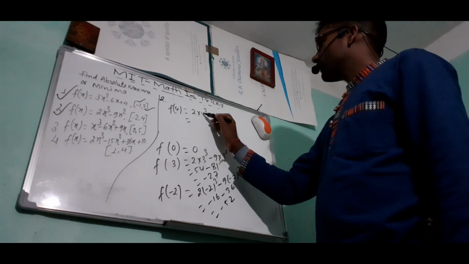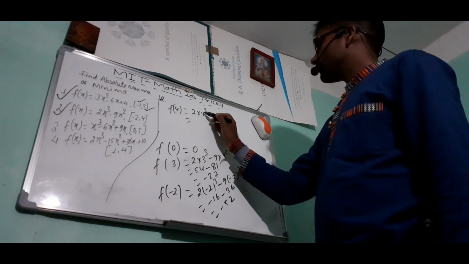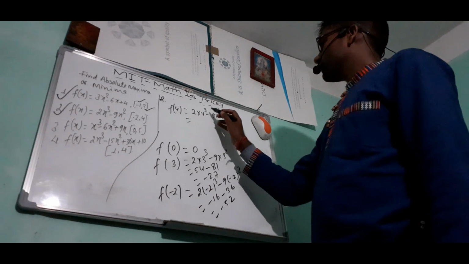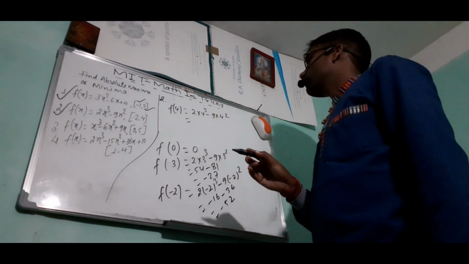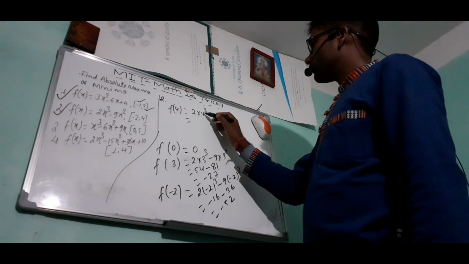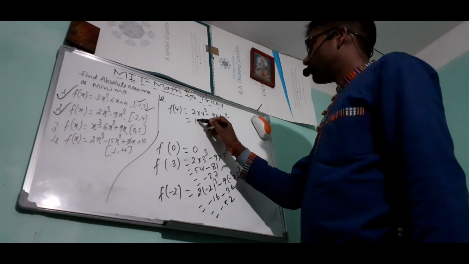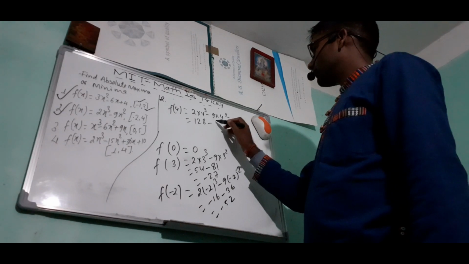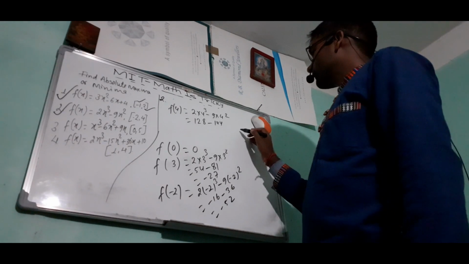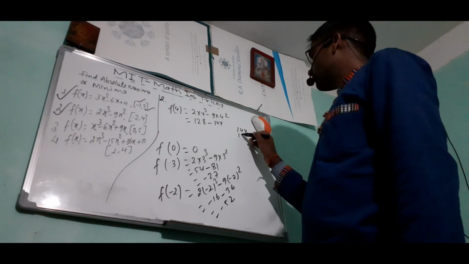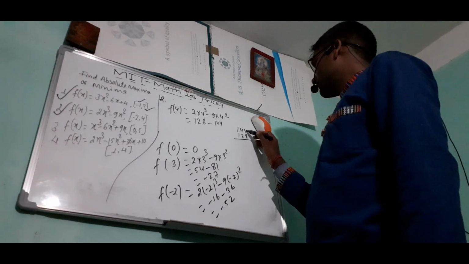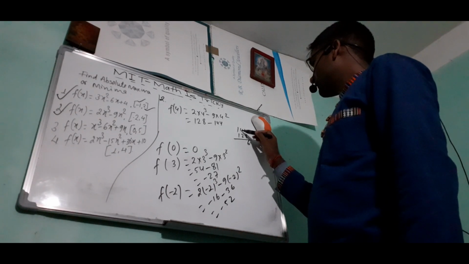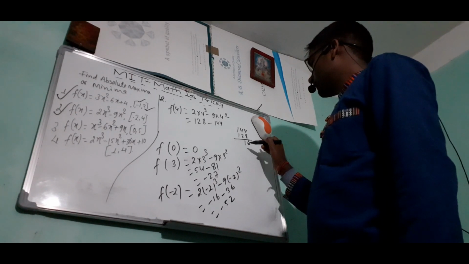So it is here 4 4 16, 16 into 4 is 64, into 2, 128 minus 16 into 9, 144. So 144 minus 128, so it is how much? It is here 16, minus 16.